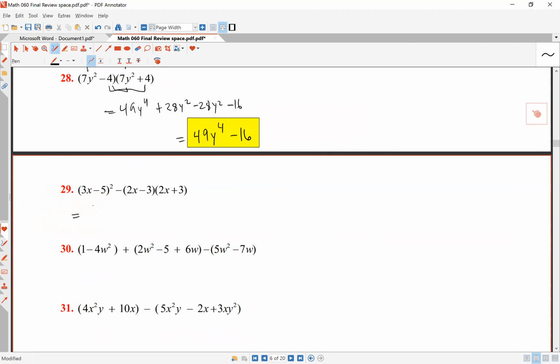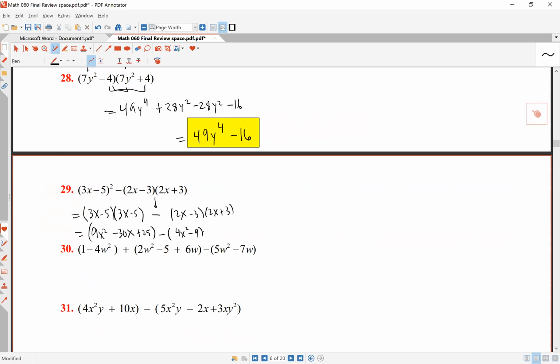'29. We've got 3x minus 5 squared minus whatever the result of 2x minus 3 times 2x plus 3 is. Remember, subtraction comes after multiplication. 3x minus 5 times 3x minus 5 is 9x squared minus 15x, which is minus 30x plus 25. 2x minus 3 times 2x plus 3 is 4x squared minus 9.